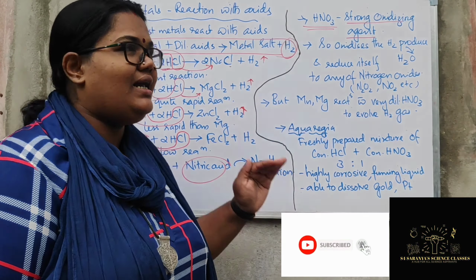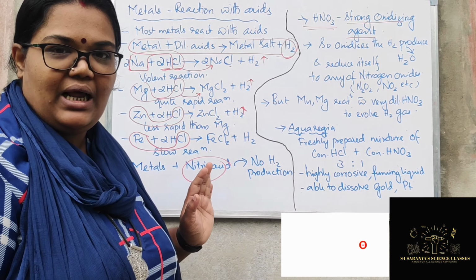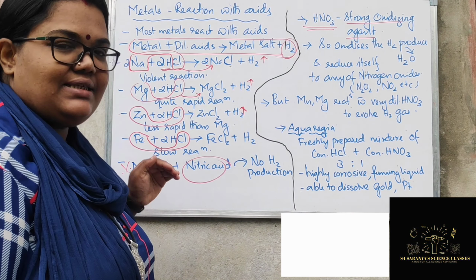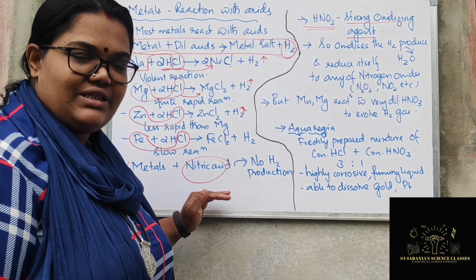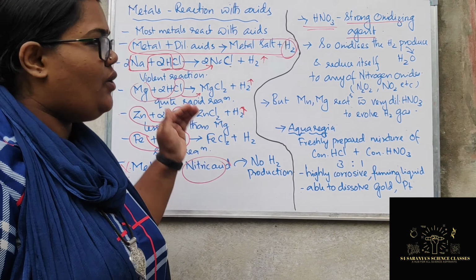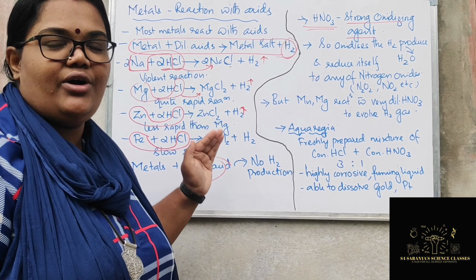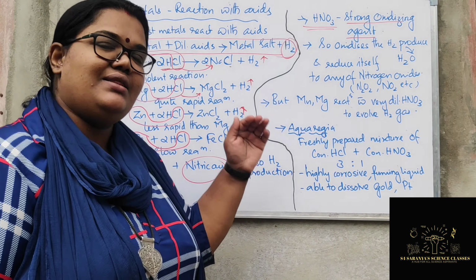We have discussed how the metals react with acids. We learned the general formula, and we took different metals so that we could understand the reactivity. In every case, a single displacement reaction is happening. Whatever acid you are taking, the salt formed, whether chloride or sulfate, will vary.